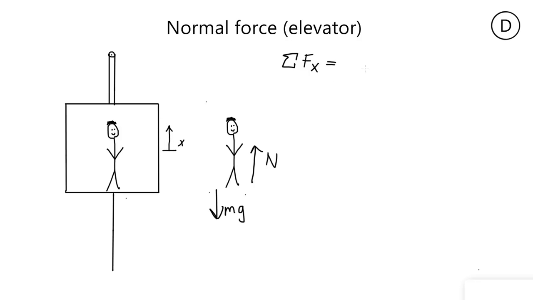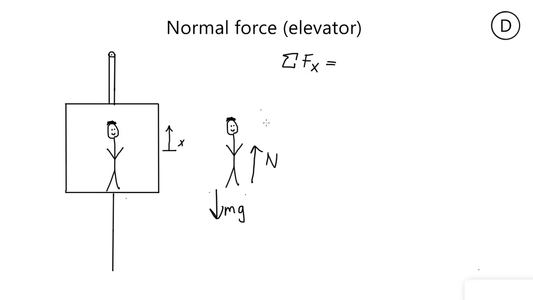So for accelerating down, it's going to be negative in the end. This is almost like our coordinate system, except x is up. It doesn't really matter what we call it, x, y, z, q even. It doesn't matter. x is just up.